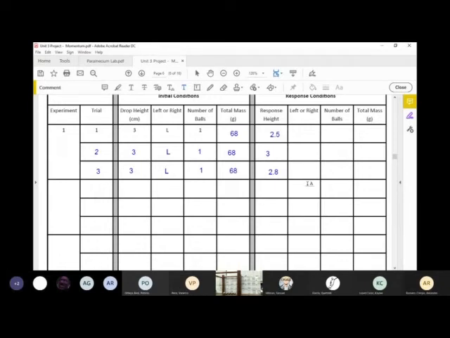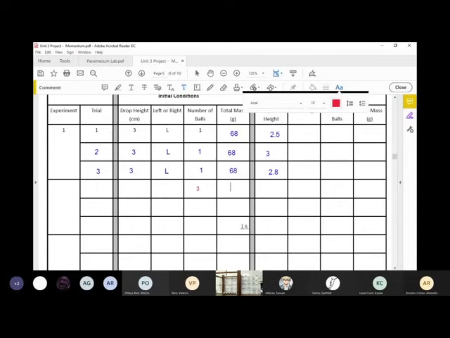Just to make sure we're on the same page here, let's just say my second experiment had 3 balls. My mass would have to be 68 times 3. Are we good on that? 68 times 3. Let's see. That should be 180 plus 24.